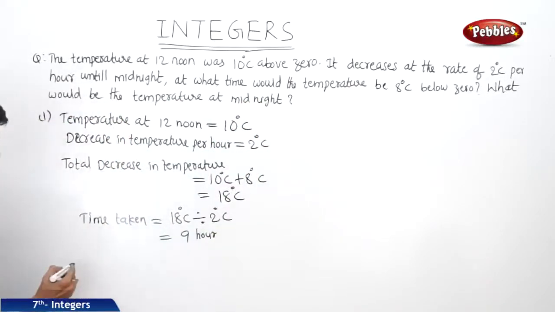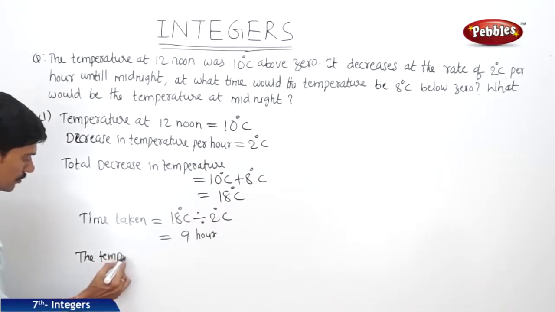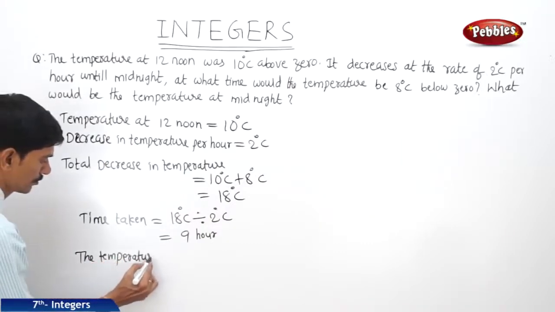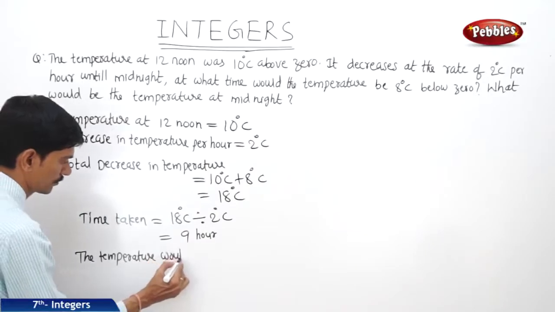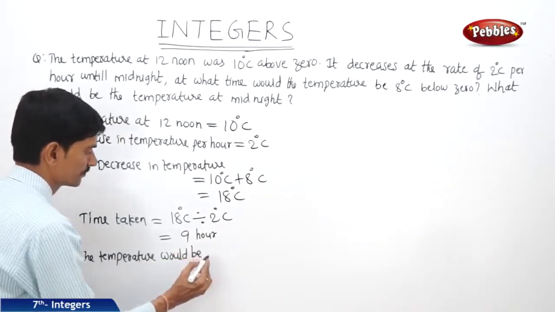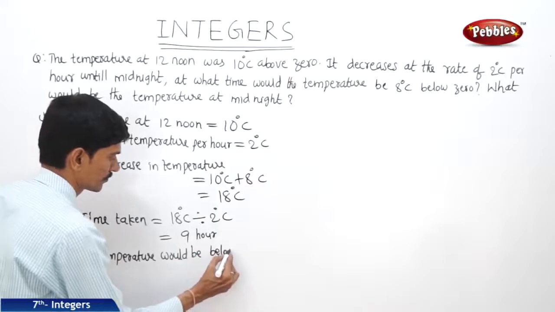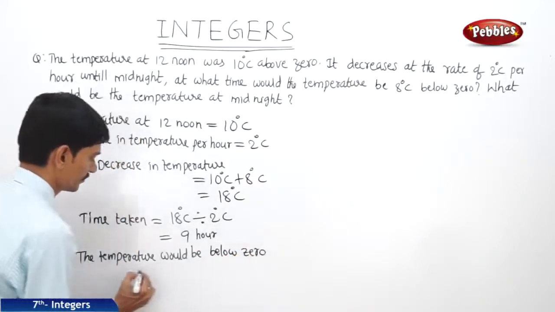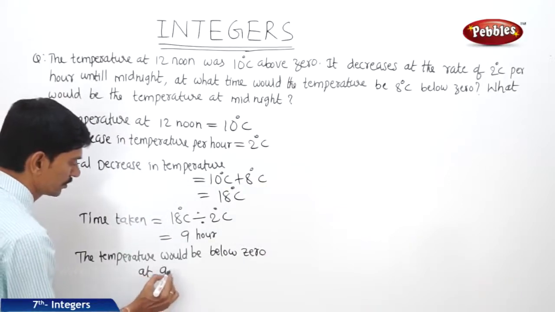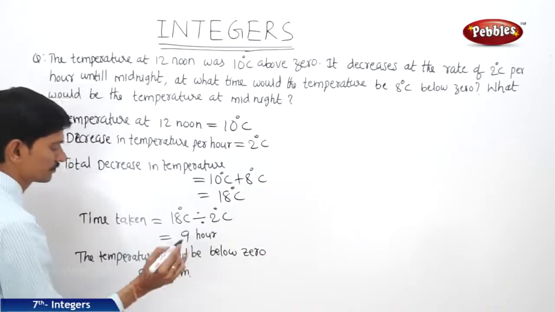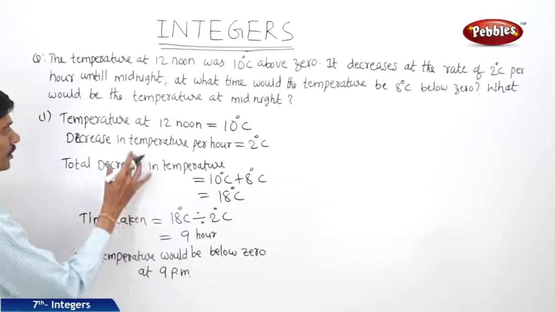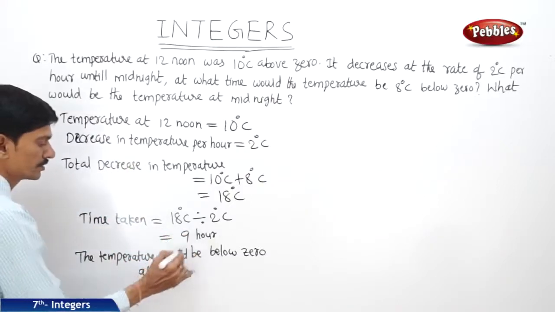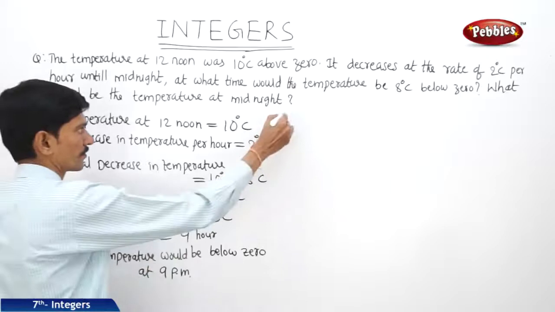So we can write that the temperature would be 8 degrees below 0 at 9 p.m. So after 12 noon, after 9 hours means it is 9 p.m.